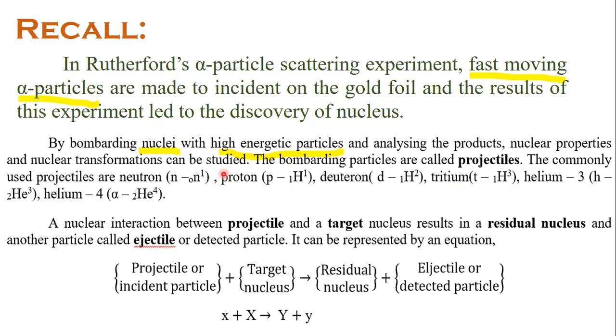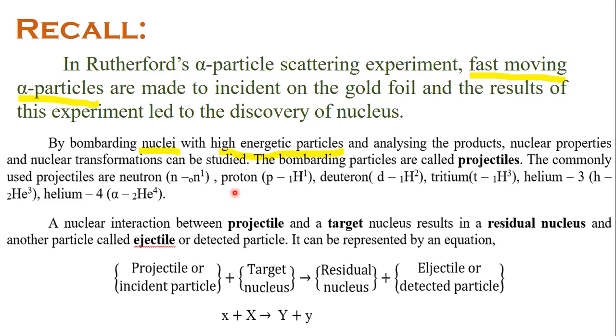Between like charges, there exists an electrostatic repulsive force, and as these particles approach the nucleus, they experience electrostatic repulsive force. So, in order to make these projectiles interact with the nucleus, we are going to increase the kinetic energy of these particles, so that with that very high kinetic energy, they can overcome the electrostatic repulsive force existing between the projectile and the nucleus.